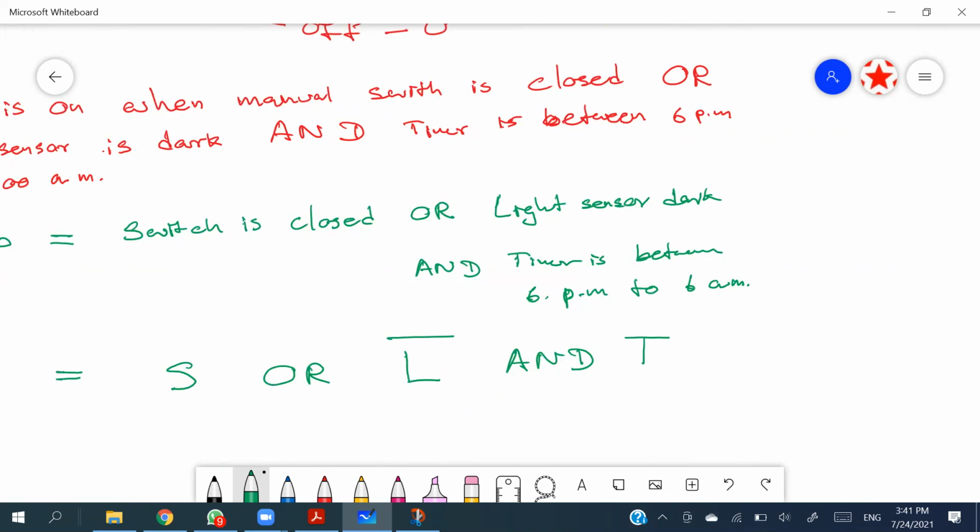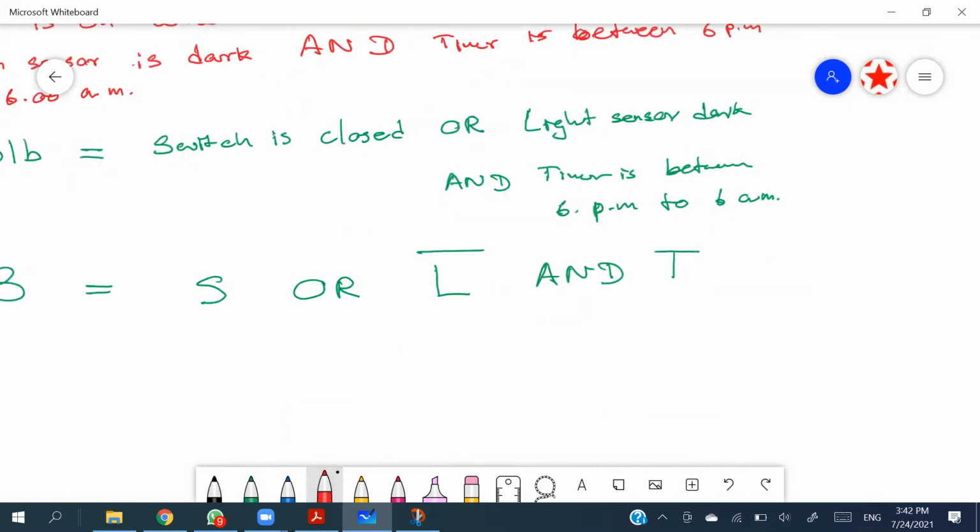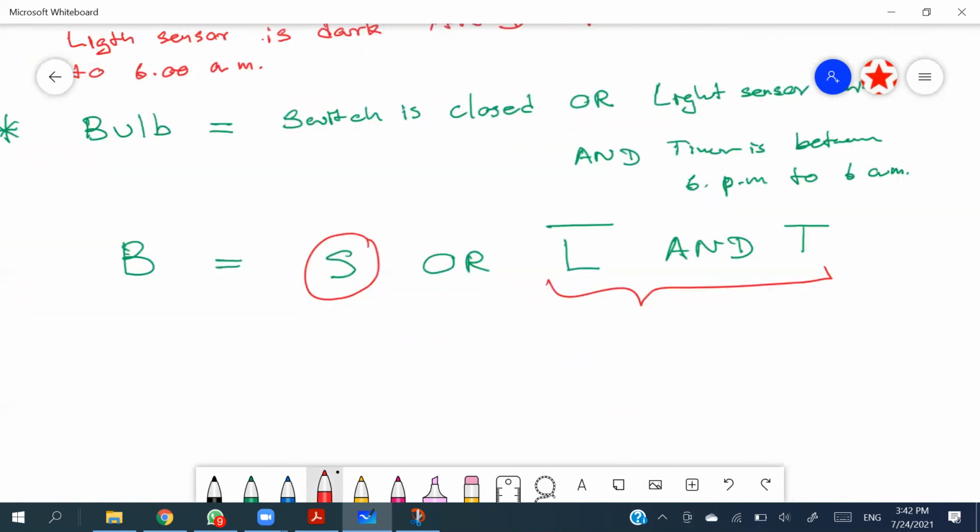So here we can understand that the switch has the ability to turn the bulb on and off, and these two together also have the ability to turn the bulb on and off. So finally we can write the answer: B equals S plus L bar dot T.